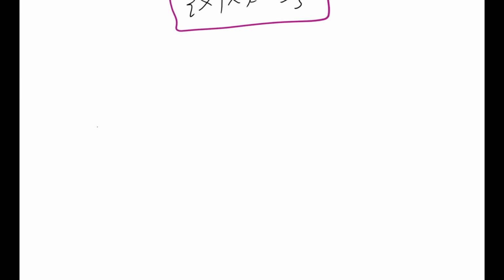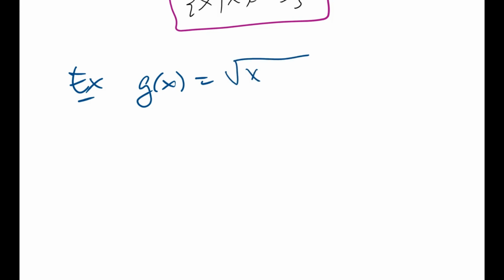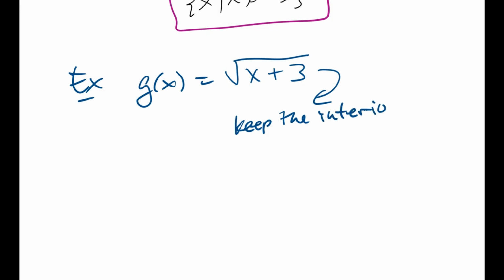Now what if you had something like this? Here's an example. What if you had g of x equals the square root of x plus 3, okay? Now we want to keep the interior, which is called the radicand, positive.